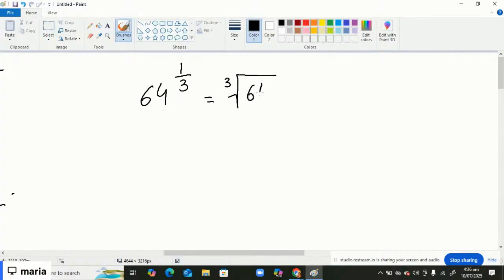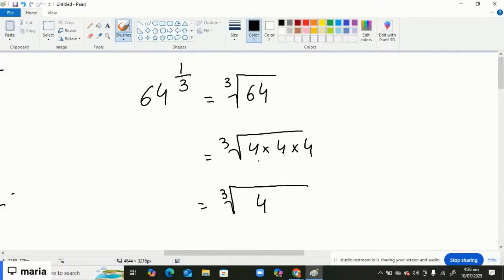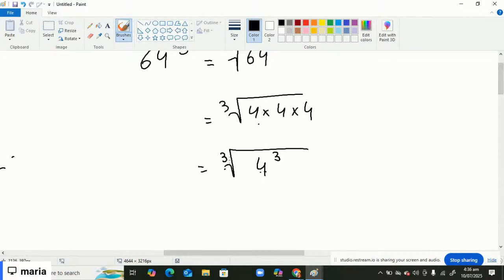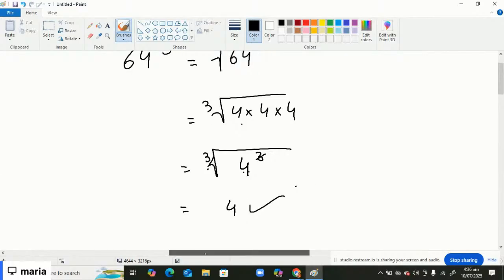This is basically a 3 and here inside of it, that is 64. So now 3 as it is here, 4 times 4 times 4. Now 3 and then here is the 4 power 3. So we just make the number inside equal in power to the outside of that root number. So this is 4 power 3 and that is a 3. So both should be cancelling out and only the 4 is left.